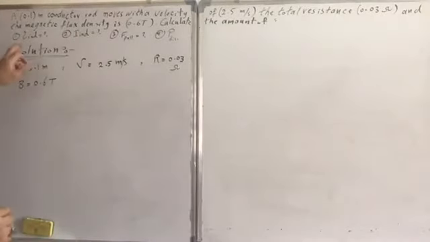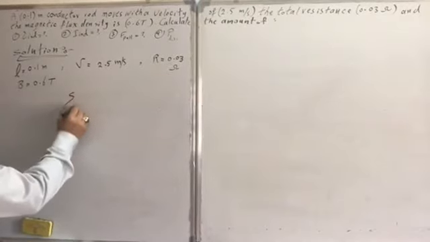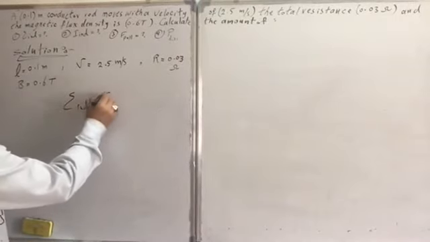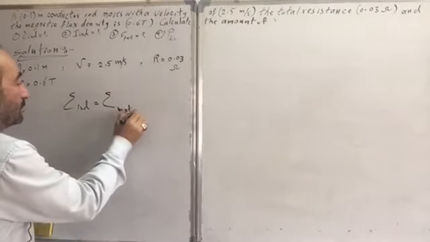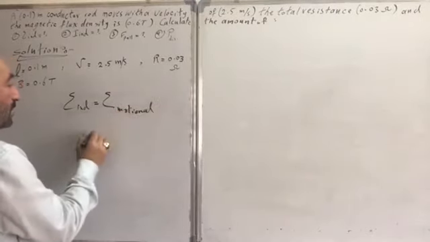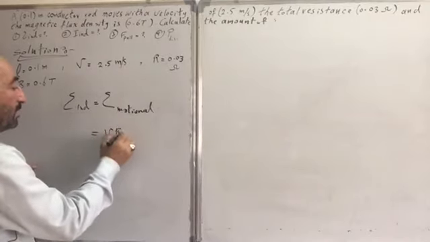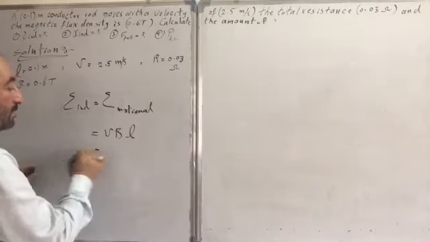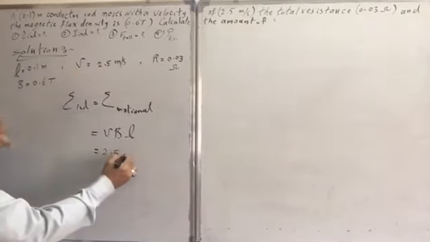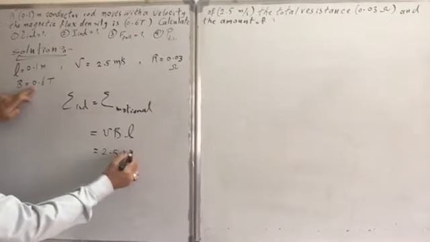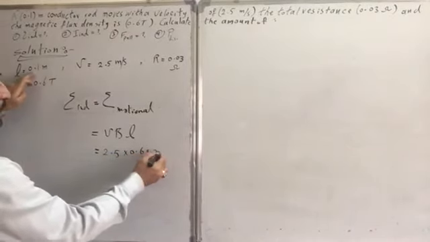Now to find E induced, here E induced means E motional. It's equal V B L. V, the velocity, 2.5 times B, 0.6 times L, 0.1.